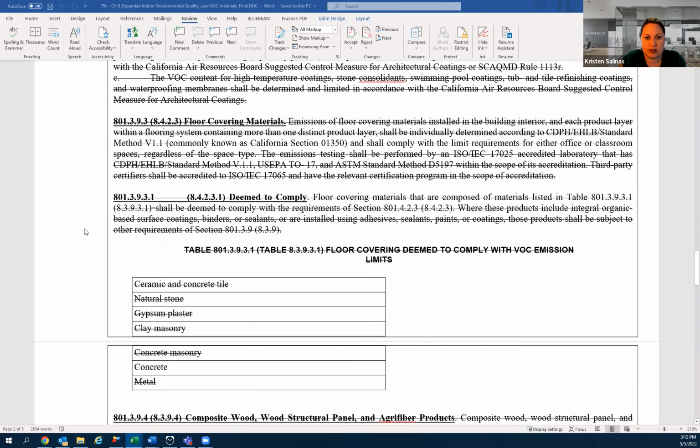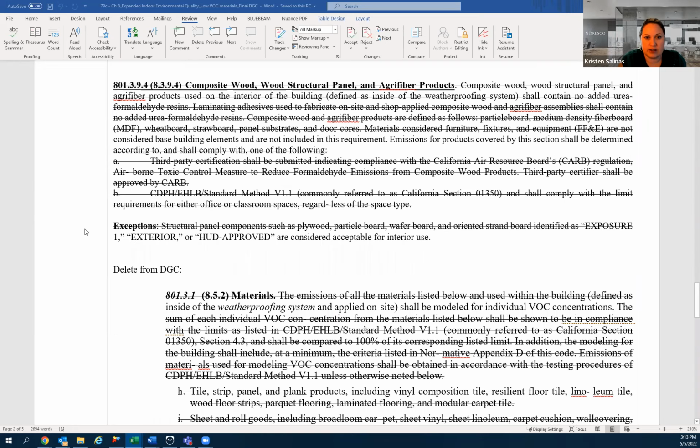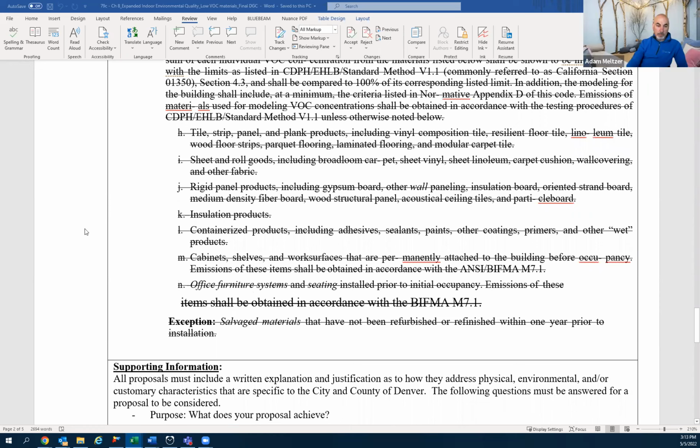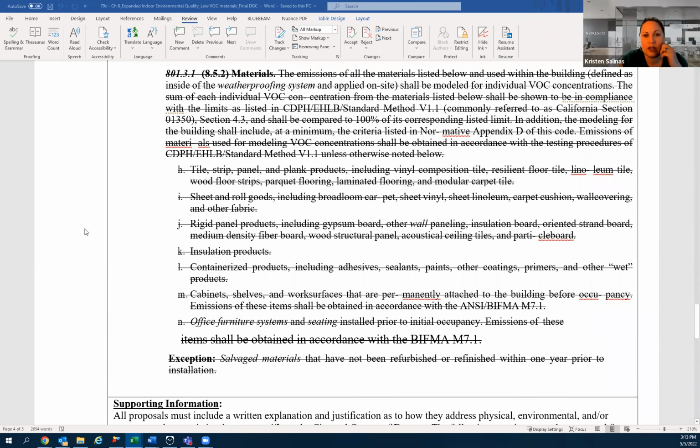Shoot, there's one more. Keep going down. Composite wood. No, the composite wood got into IRC. You're fine there. Sorry, let me bring it up on my screen so I can see the whole thing. Yes, sorry, you're correct, the composite wood.